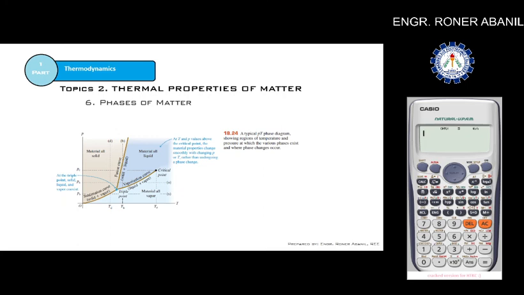Okay. The intersection of line S with the sublimation curve gives the temperature Ts, yung Ts na temperature natin, at which occurs the pressure Ps.